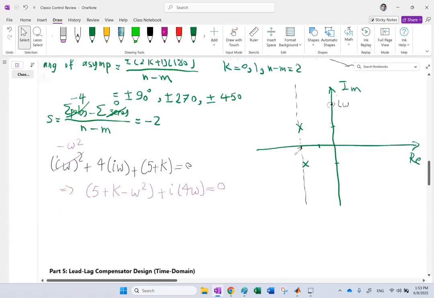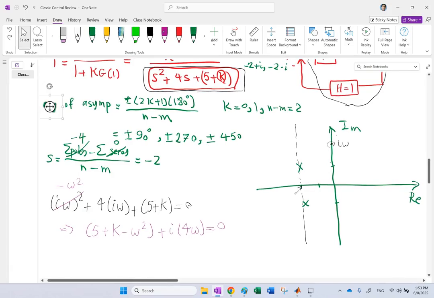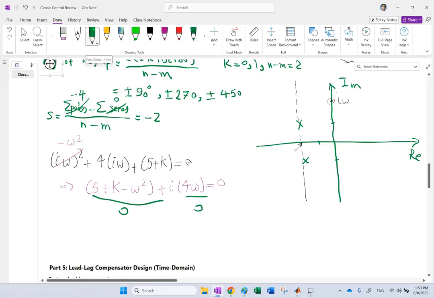Now a complex number is 0 when both parts are 0. Therefore, both of these are equal to 0. And here you clearly can see that omega should be 0. And from here, if you plug in omega of 0, k is going to be negative 5.